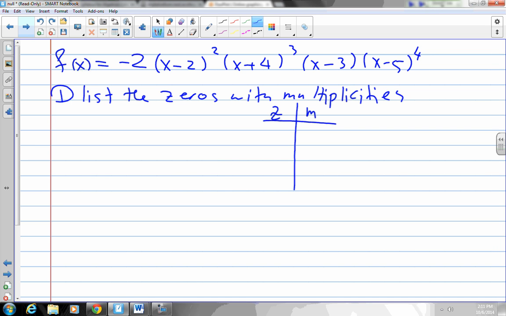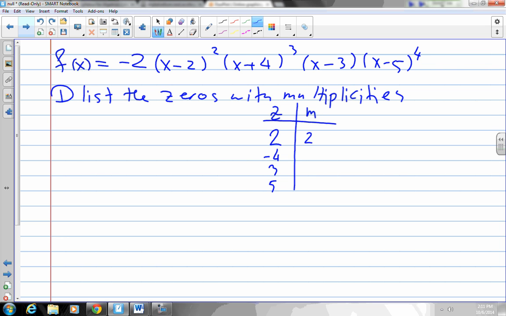That shouldn't be hard. What are the zeros here? Anyone? 2, negative 4, 3, and 5. What is the multiplicity of 2? 2.